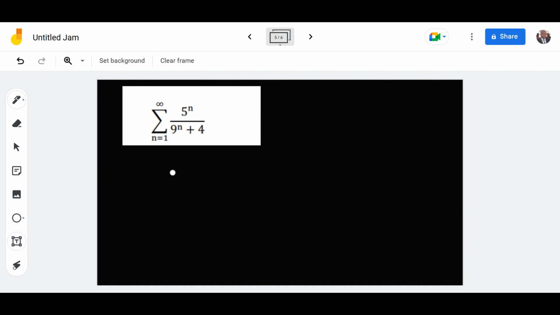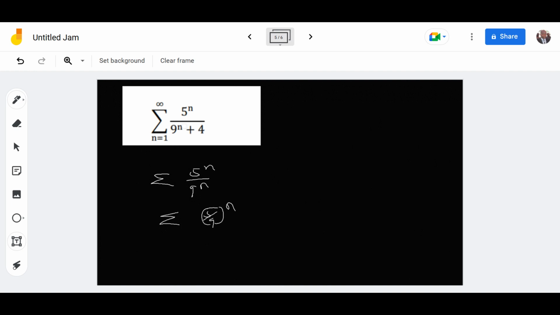Good. Now, we can create a G series by rewriting this as what? 5 power n over 9 power n, ignoring the 4. And this can be rewritten as 5 over 9 all power n.